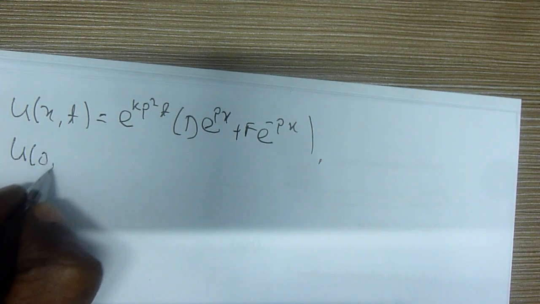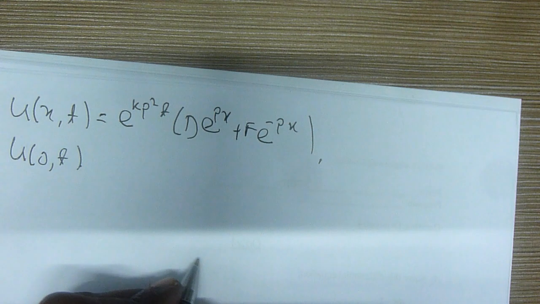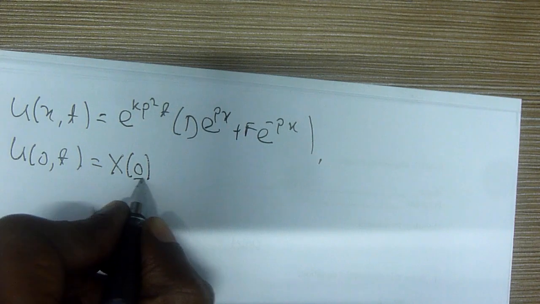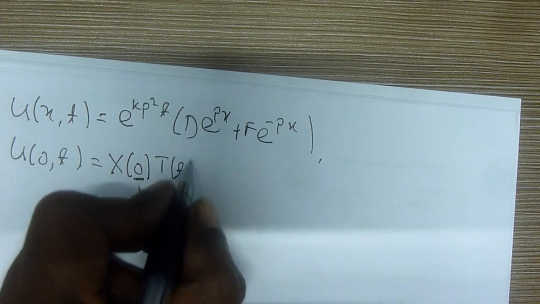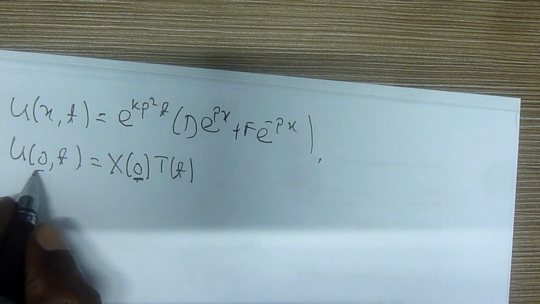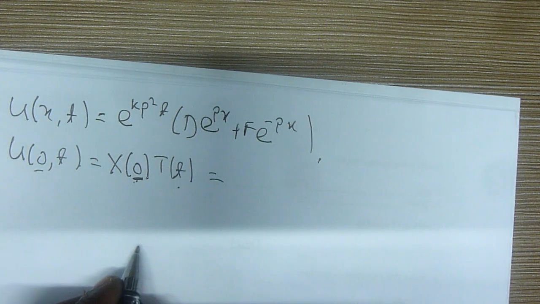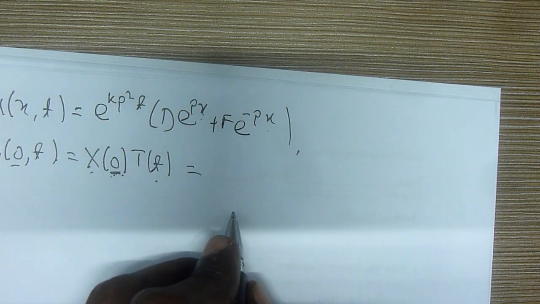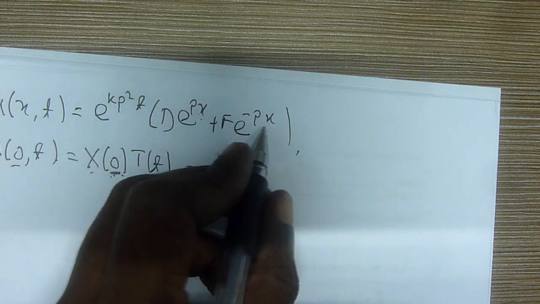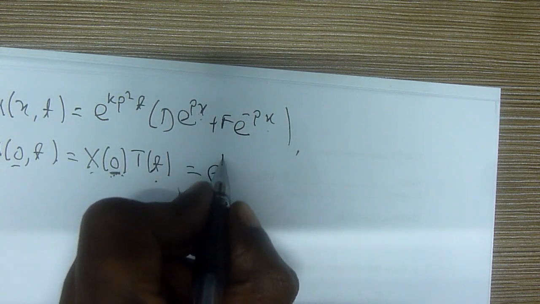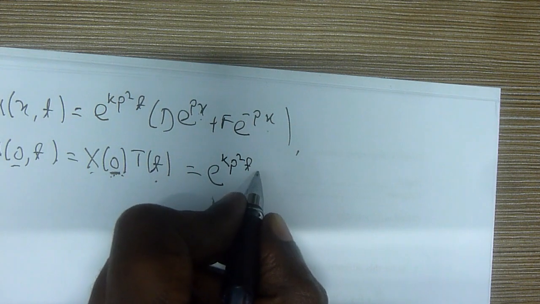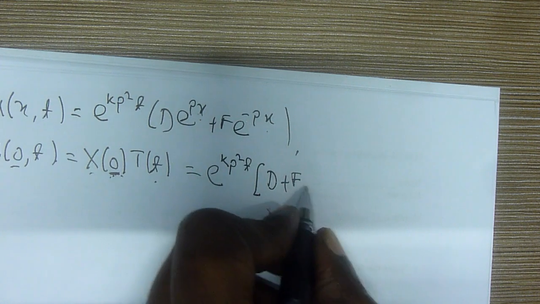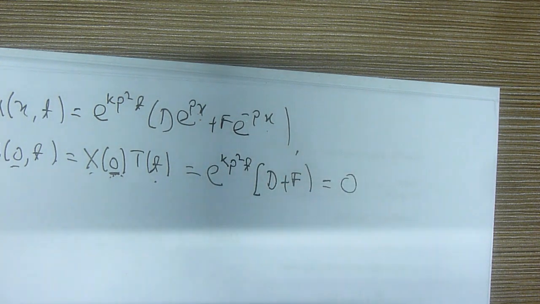If I set this as a boundary condition for testing, this is x equals 0 and t equals t. That's what the message is saying here. Can you get the things clearly? Therefore, the x representation becomes 0, and you will get e^(kp²t), where you get d plus f equals to 0.